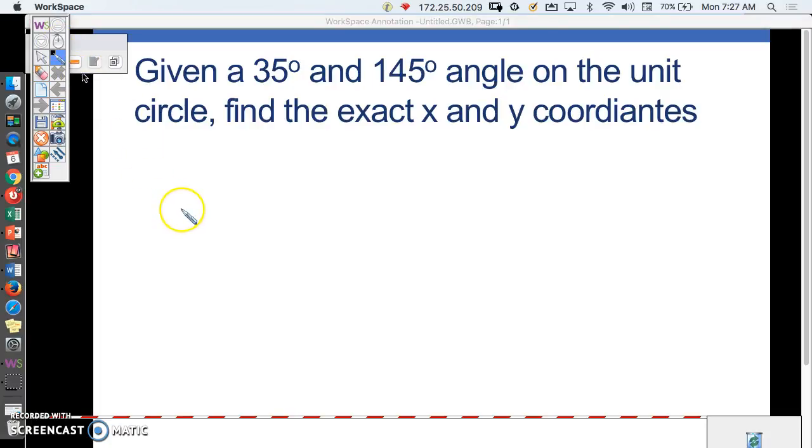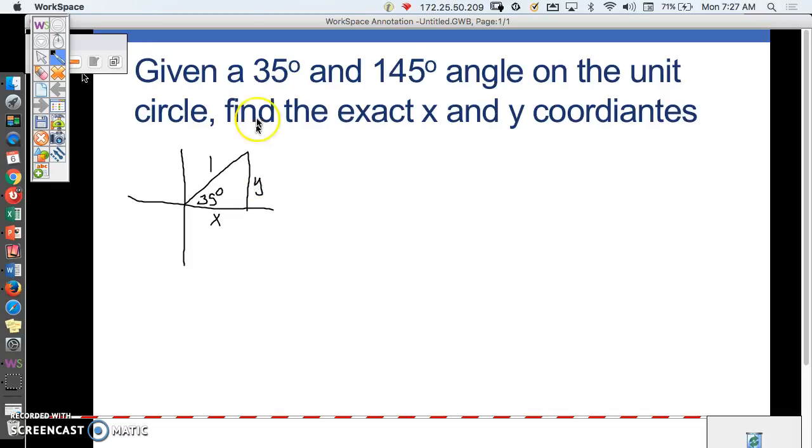So the first thing we're going to look at today is how to find the exact units, the x and y coordinates. If we were to draw this in, here's 35. It's on the unit circle, so we know our hypotenuse is 1. But it's a reference angle of 35, so we don't know the x and y.